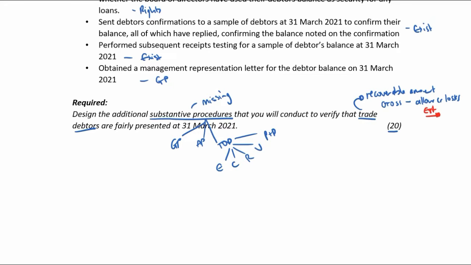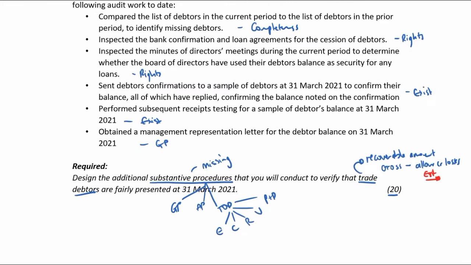I then come back into what's been done so that I can go and see or tick off what has already been done. They've got one procedure for completeness. So I'm going to say there's one there, maybe I've got additional I can do. For rights, they've gone and tested for cession in bank confirmations, loan agreements, minutes of directors' meetings.